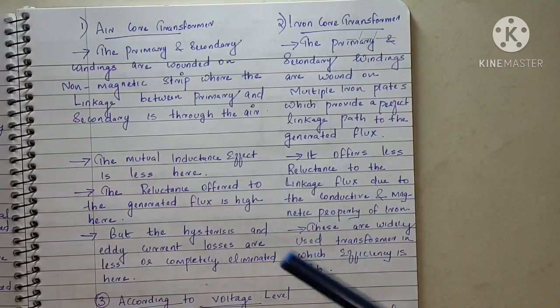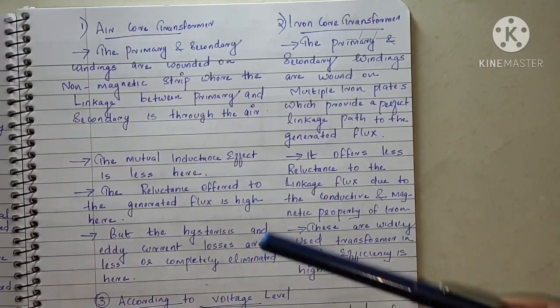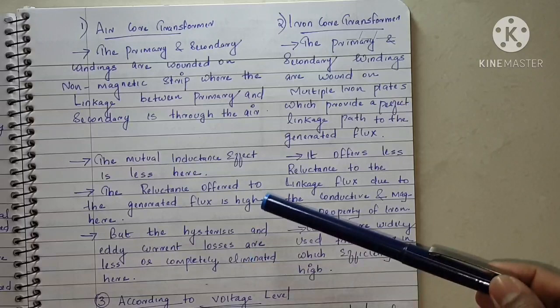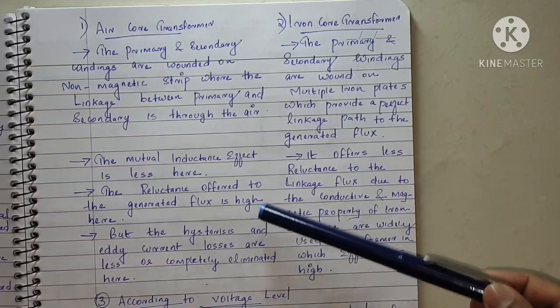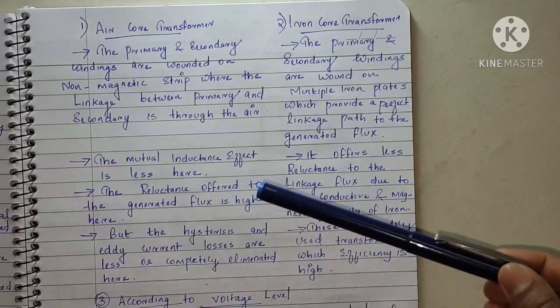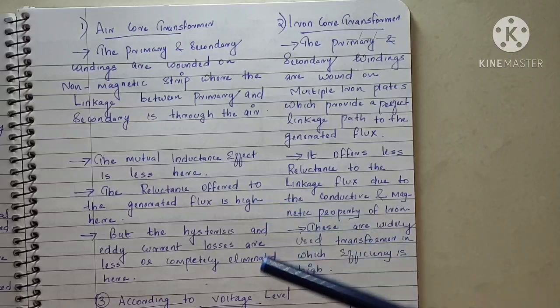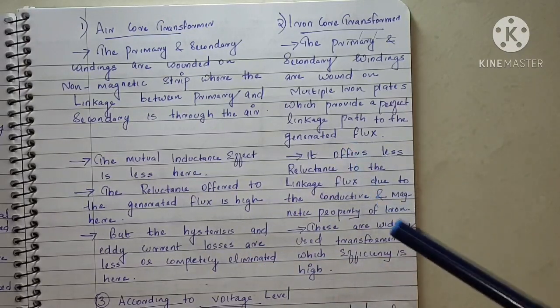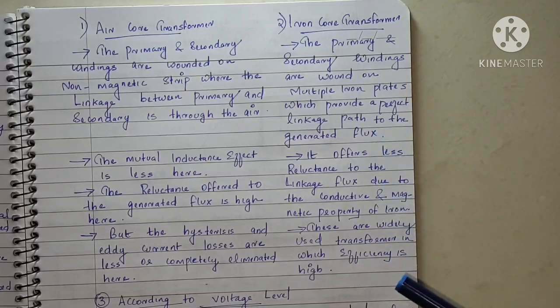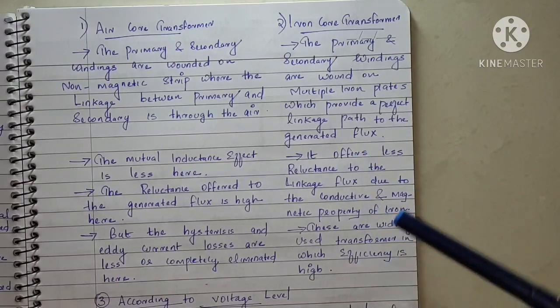In the air core transformer, the mutual inductance effect is very less, and the reluctance offered to the generated flux is very high because the primary and secondary are wound on a non-magnetic strip. Whereas in the iron core transformer, since the primary and secondary are wound on a magnetic material, the reluctance to the linkage flux is very less.